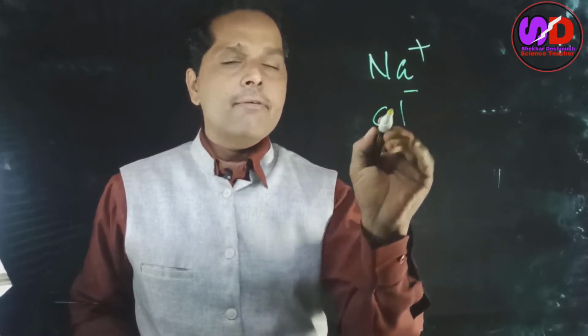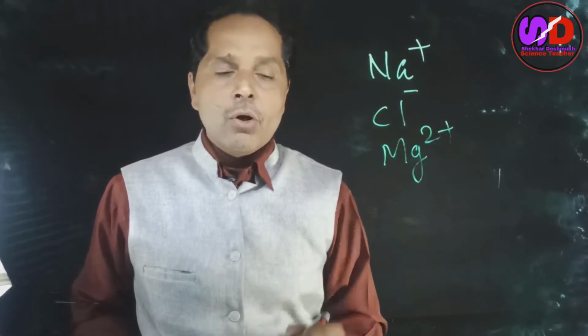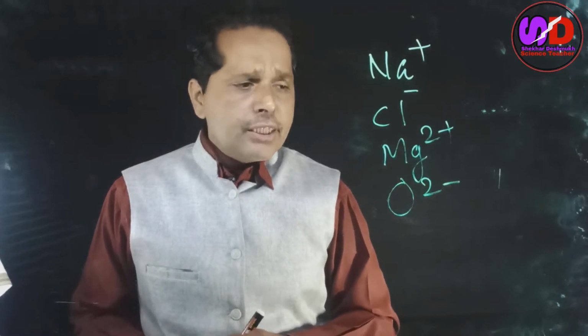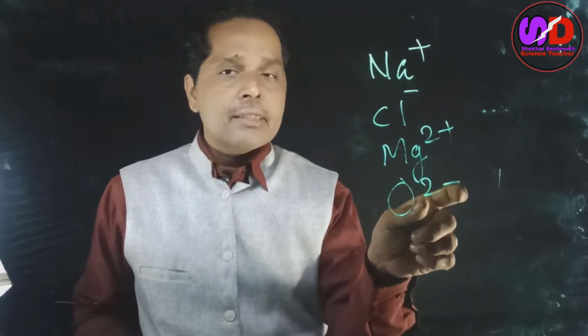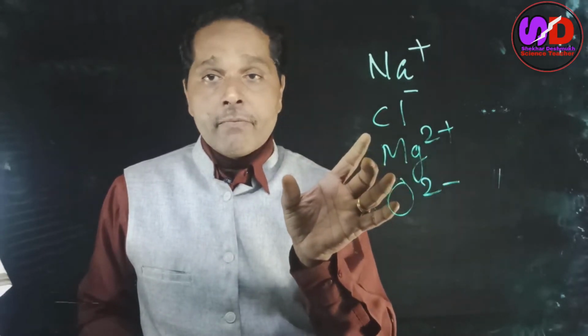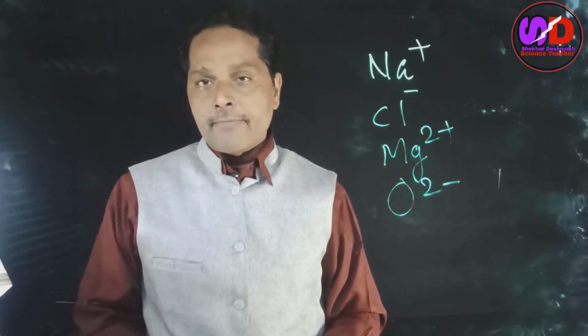That we have seen: sodium Na positive is formed, Cl negative is formed, magnesium Mg2 positive is formed, oxygen 2 negative is formed. These are charged atoms, and these are called ions, or also called radicals.